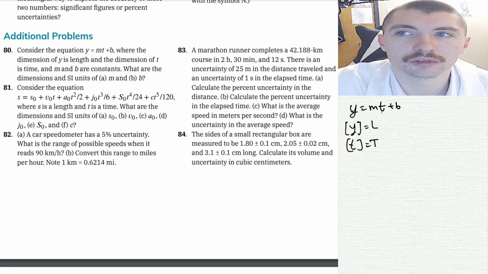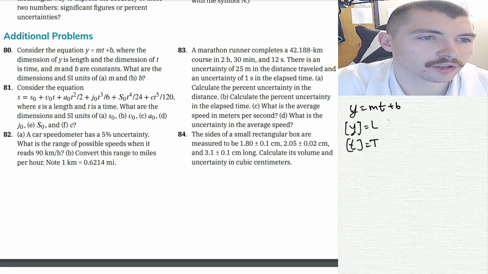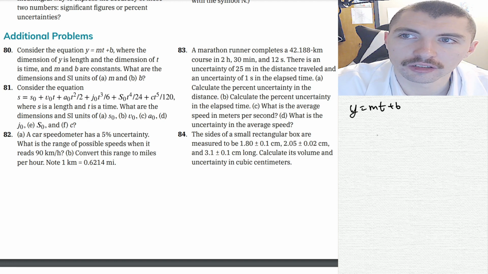Okay, so your m and b are constants, so they're dimensionless. M times t is going to be a time dimension in seconds. And b is going to be a time dimension with no SI unit. Okay, easy enough.